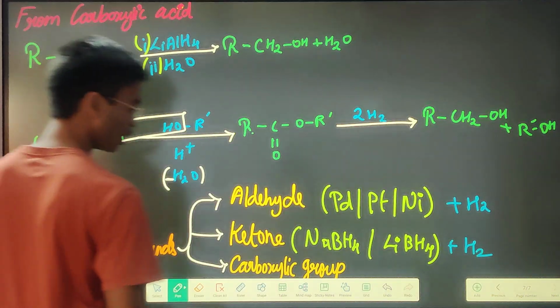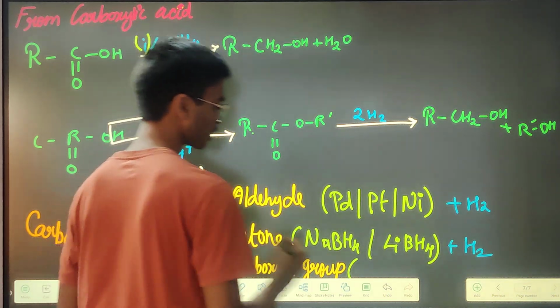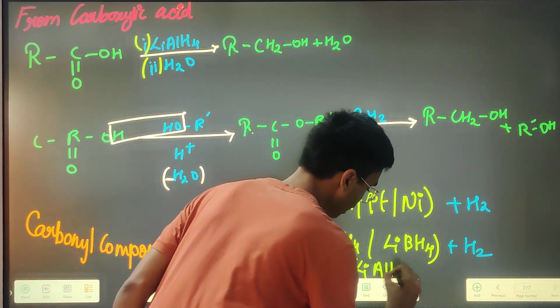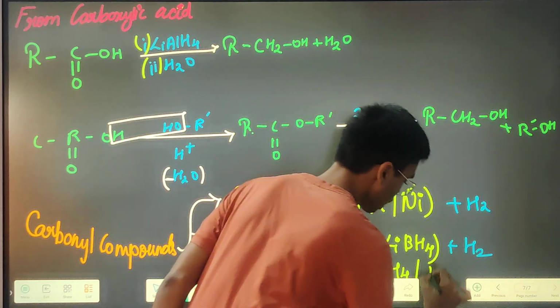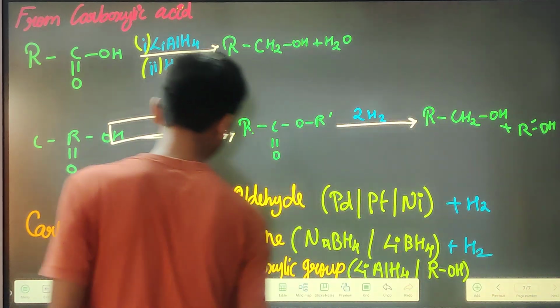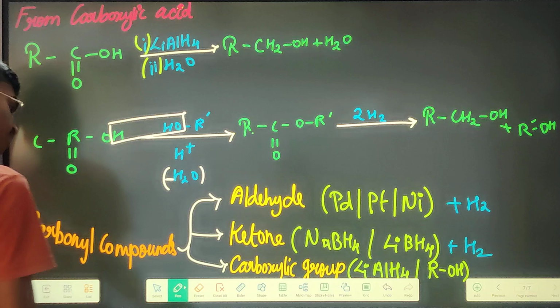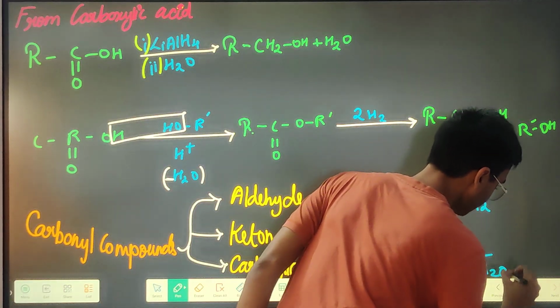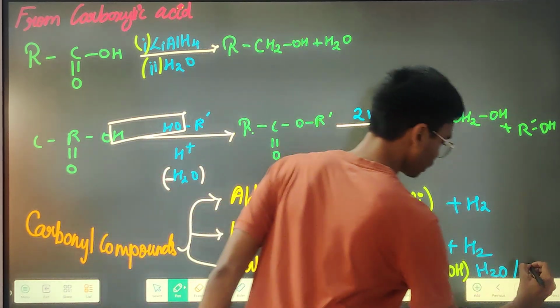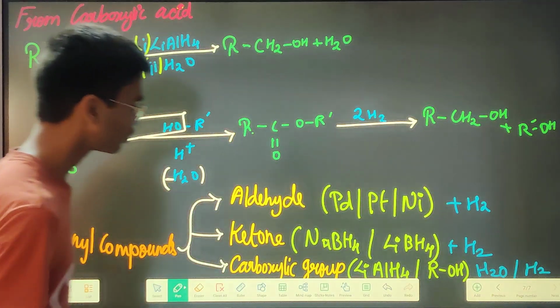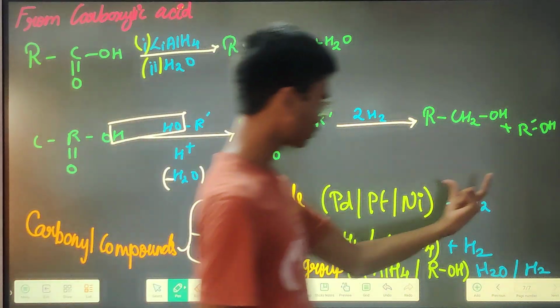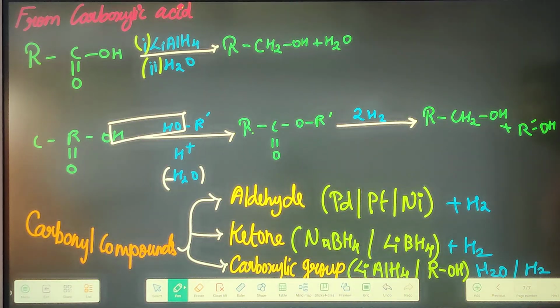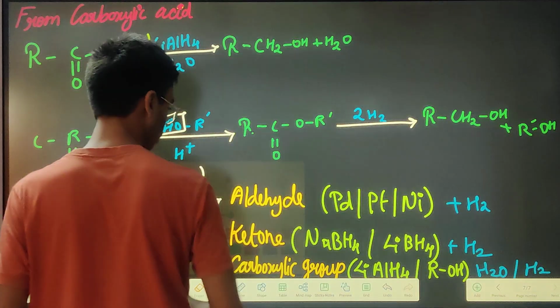Here you can use either LiAlH4 or ROH. The first time, when you are using LiAlH4, you have to give water, and the second time, when you are using ROH, you have to give acid, respectively. When you are using alcohol, you also have to use acid.